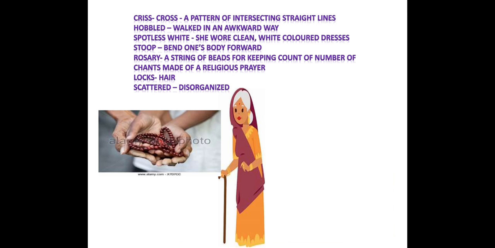Now, some of the words I have put: beads of rosary, you can see the picture here. It's a string of beads for keeping count of the number of chants made of a religious prayer. Now, locks, you might be knowing, means hair: scattered, disorganized, not combed properly.